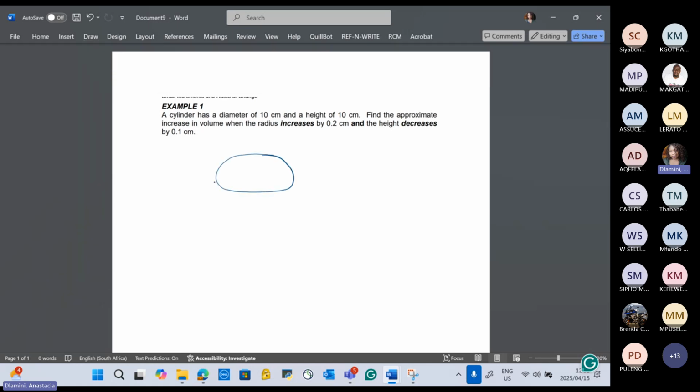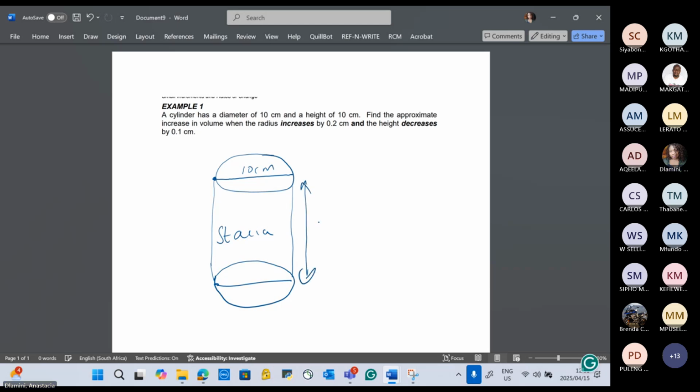So this is a cylinder, a cold drink can. Now the drink has a diameter, from this point to that point. They say this is 10 centimeters, and the height is 10 centimeters as well.